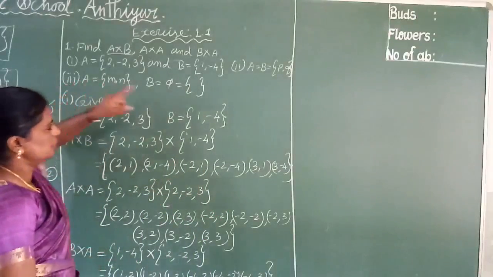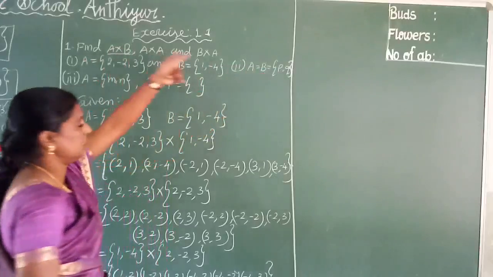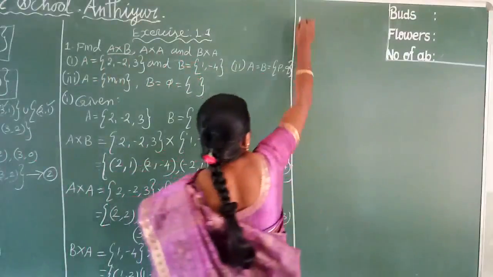Next, the second option. Using this A and B, you have to find the same three.